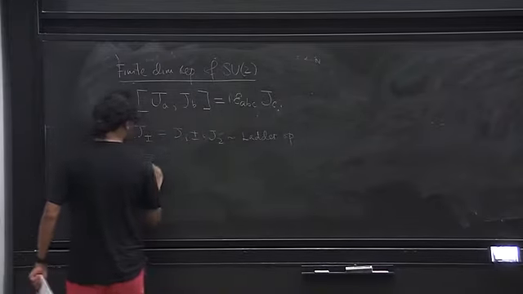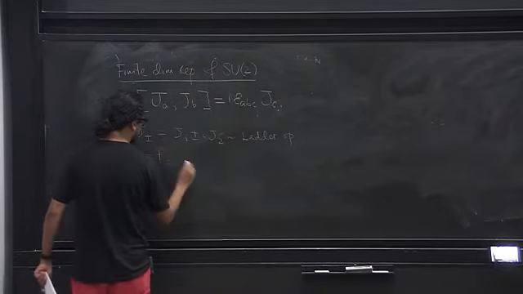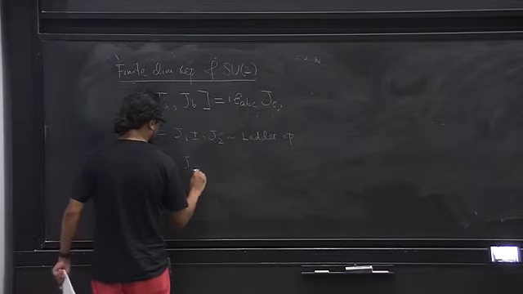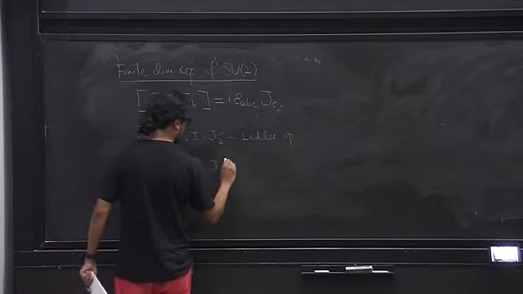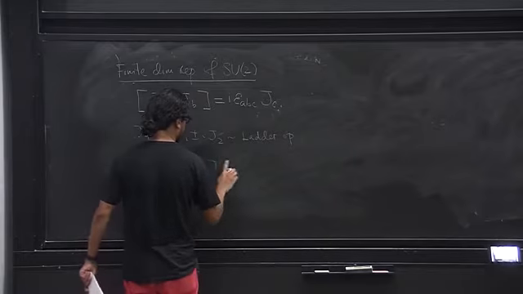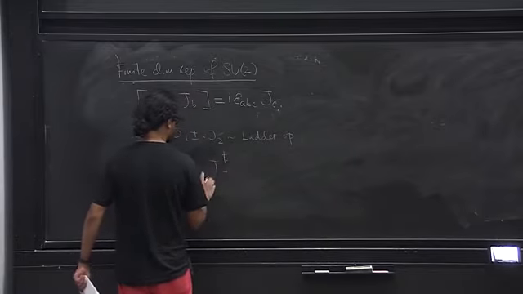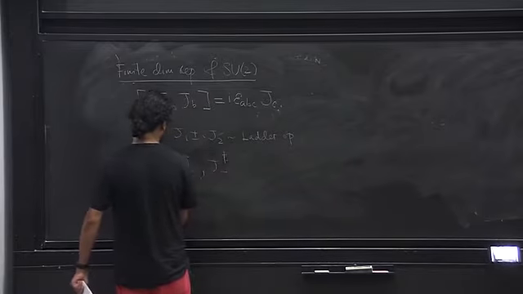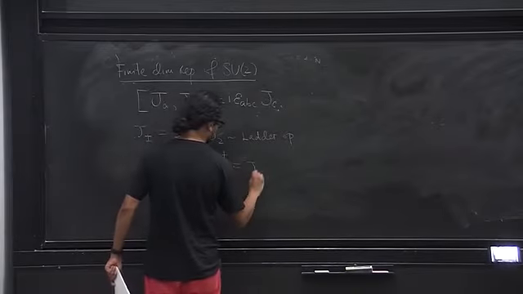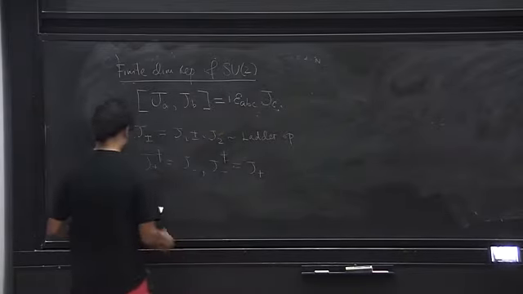And these ladder operators are not Hermitian. If I take the Hermitian conjugate of J plus, I get J minus, and vice versa.